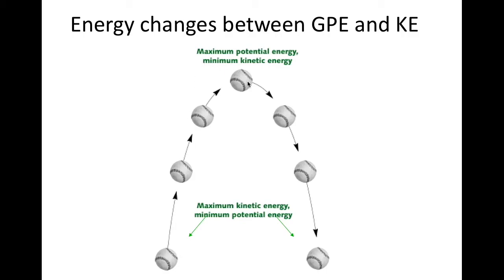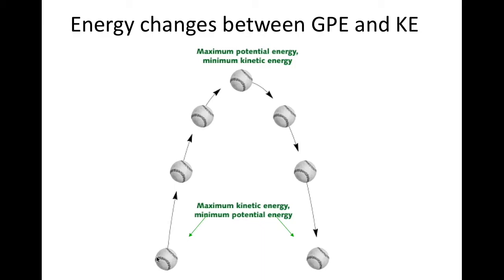Whereas if it travels all the way up here to its highest point, its potential energy is going to be experienced at its maximum, the most that it can possibly have. And then as it goes back down, its potential energy will be decreased again to the same amount, which is its minimal potential energy, because all of it has become kinetic.